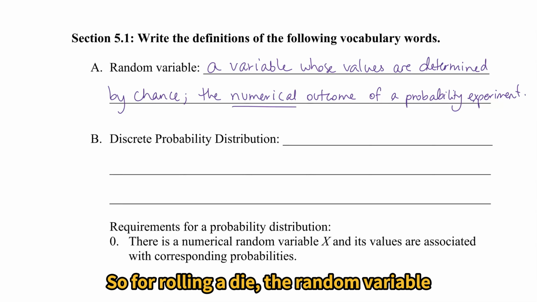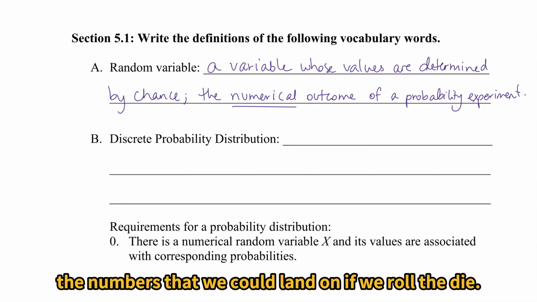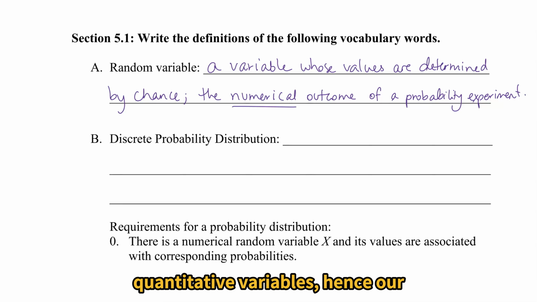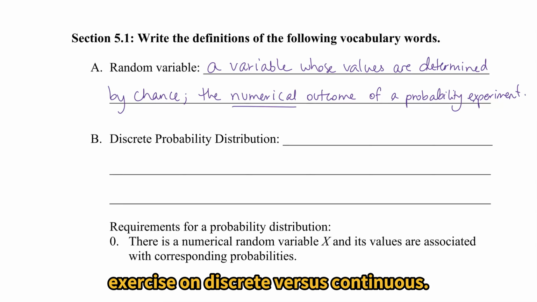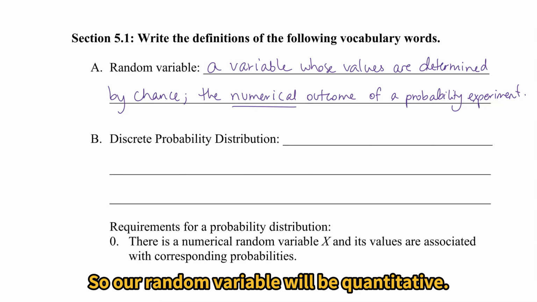So if we're rolling a die, the random variable would be one of the numbers between 1 and 6, the numbers that we could land on if we rolled the die. Here we're always going to be considering quantitative variables, hence our exercise on discrete versus continuous. We're looking at quantitative variables, so our random variable will be quantitative.